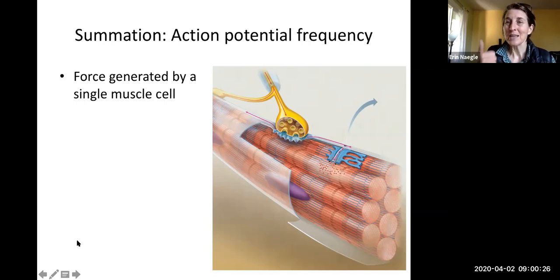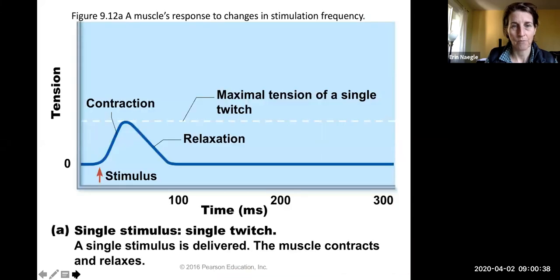So of course, as we increase the frequency with which this muscle cell is being excited, then the force of that muscle cell increases. So here's a single muscle twitch. We can't really measure that in vivo in your body, but that's something that can be measured in the lab, which is what you did with your lab simulation.